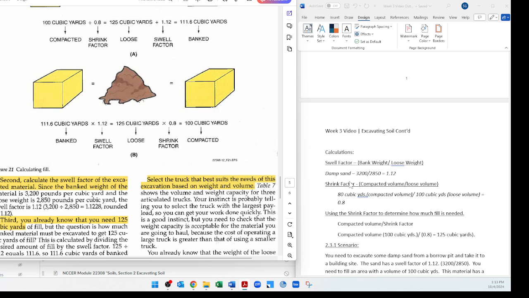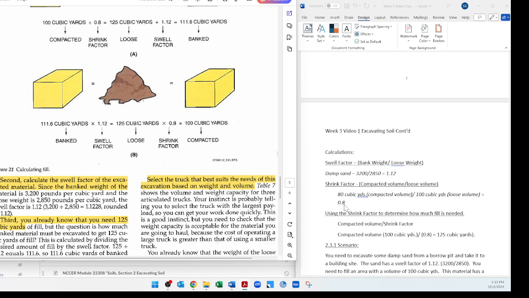To find the shrink factor, I have to take the compacted volume and divide it by the loose volume. So if I have a hole that needs to be filled and it's 80 cubic yards when it's filled up and compacted, I would divide that by the loose volume.